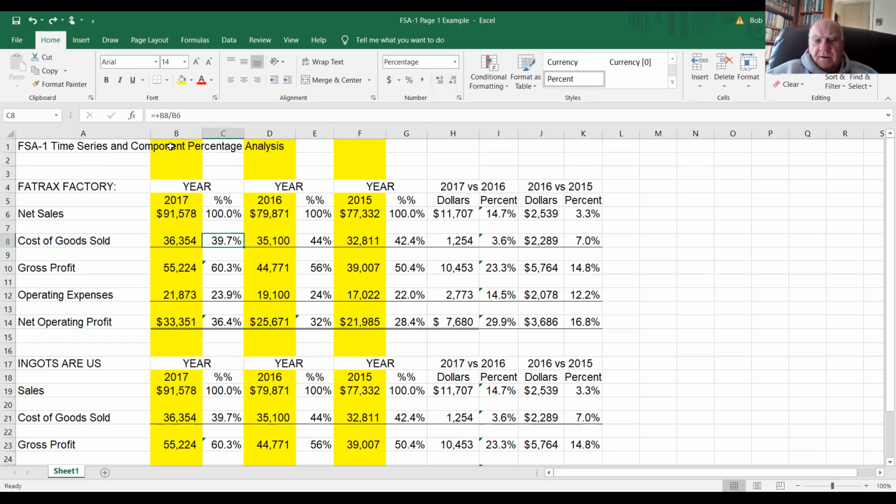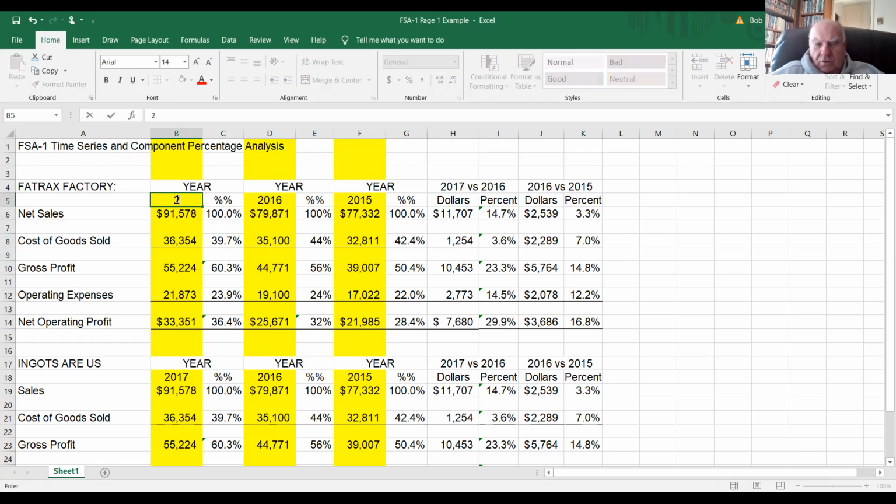Time series. When we say time series, now we're comparing year to year, okay? We want to see what the year-to-year difference is in dollars and as a percent, okay? So since we are working with 2019, 2018, 2017, these numbers would change accordingly.